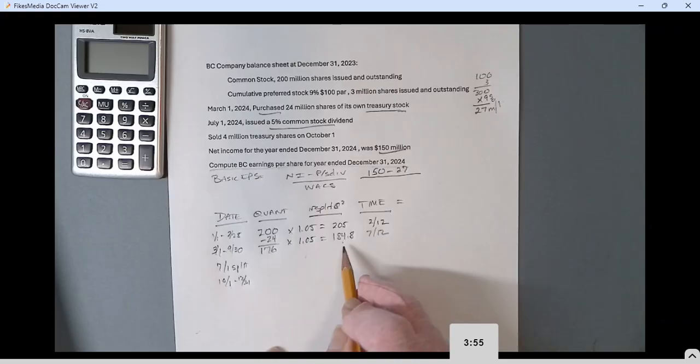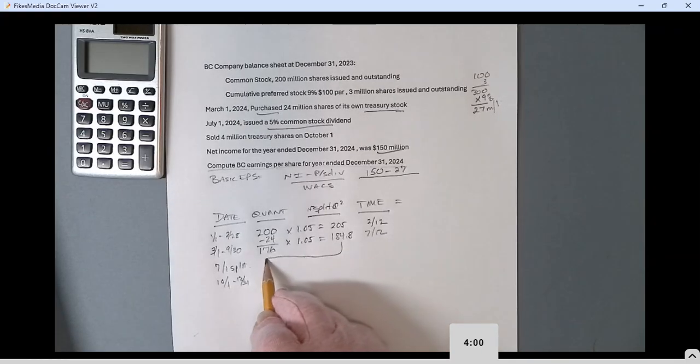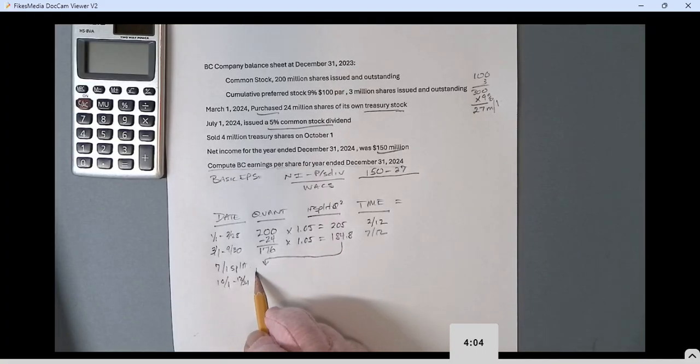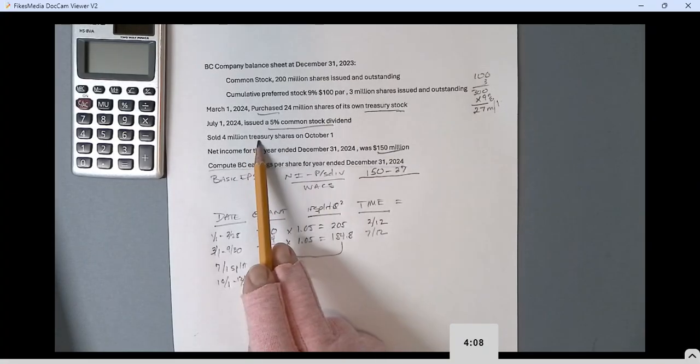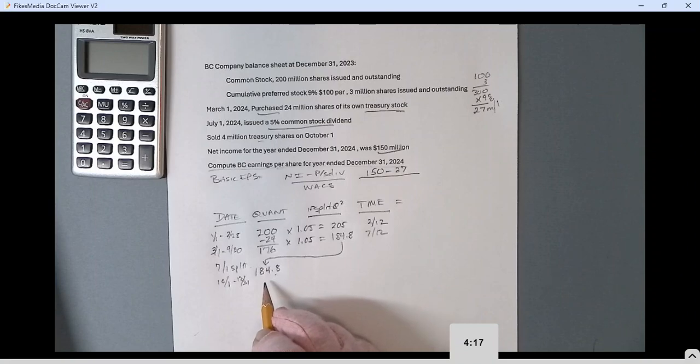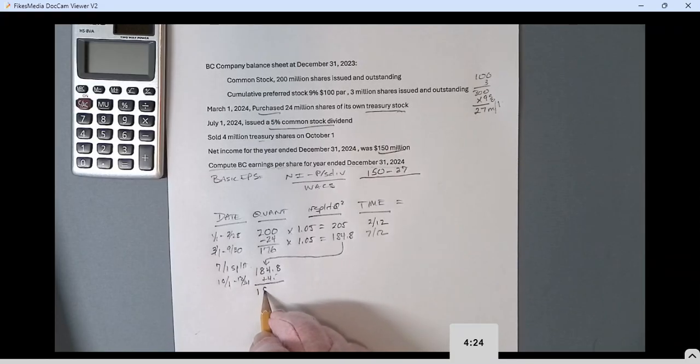Here's what we do. We take this 184.8 and we move it over here, because now these stocks are 184.8, and any transactions after that would apply to 184.8, not the 176. All right, so I reissued treasury shares, so I put them back out in the market. So now I have 188.8.